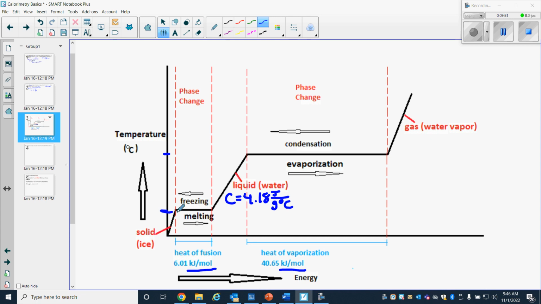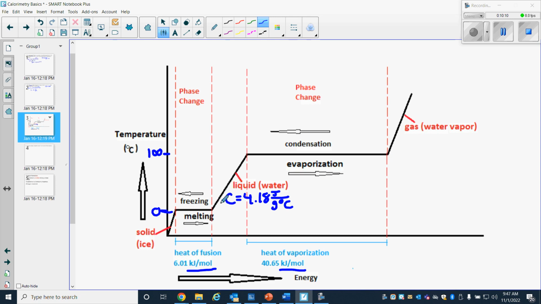Remember the temperature boundaries here for water: freezing and melting occurs at 0 degrees Celsius, and boiling and condensation occurs at 100 degrees Celsius. So a solid cannot get any hotter than 0 degrees Celsius.